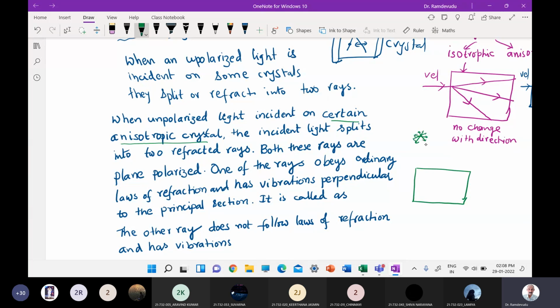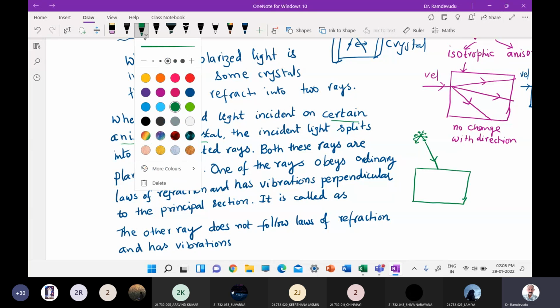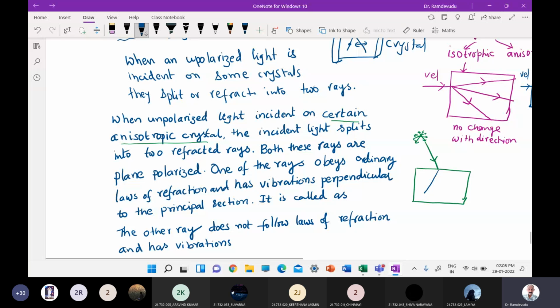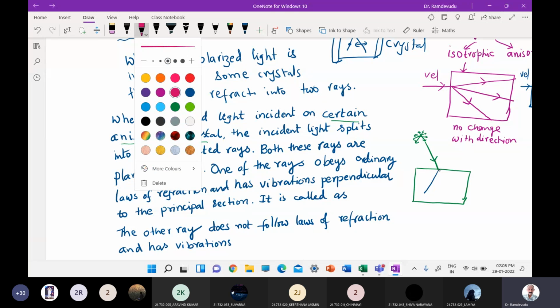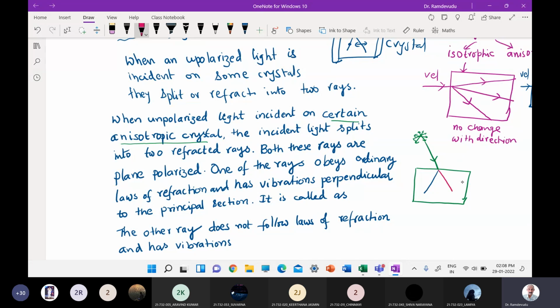if unpolarized light is incident on a crystal, within this crystal the light is getting refracted into two parts. This is one part going in this direction, the other part may be going in this direction. That's what this says, anisotropic crystal.